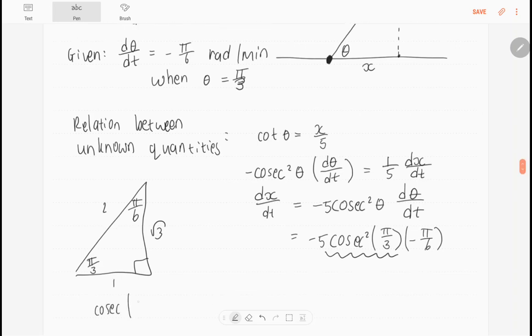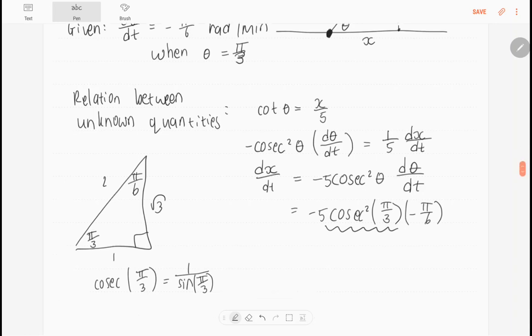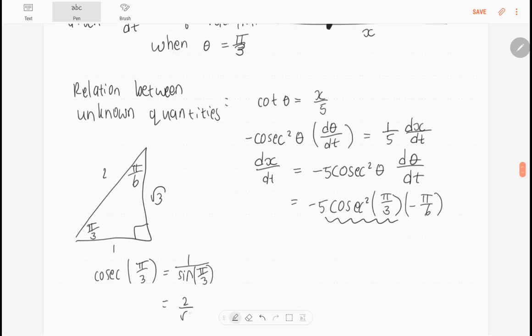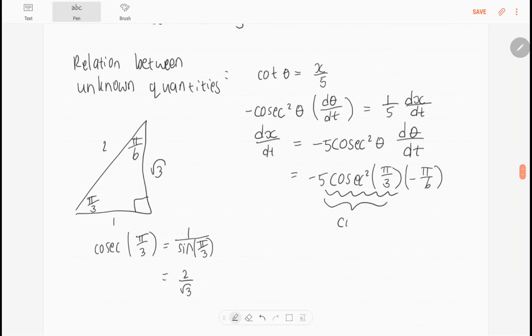Cosec of pi over 3 is the same as 1 over sin of pi over 3, and that is just going to be 2 over root 3. And just remember that cosec squared of pi over 3 is the same as cosec of pi over 3 all squared. So what we have here is minus 5 multiplied by 2 over root 3 squared multiplied by minus pi over 6.